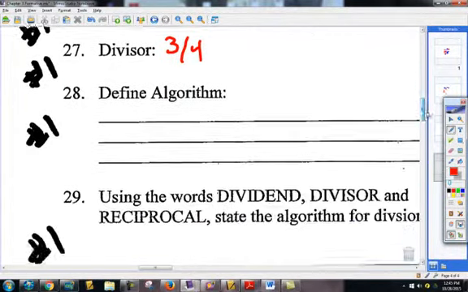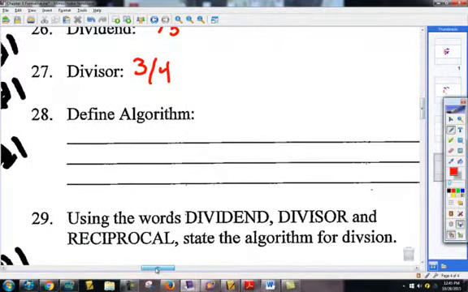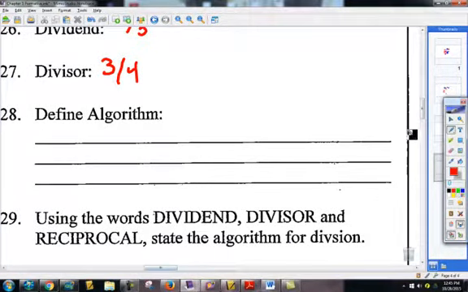Number 28. Now I know you guys are going to have 100 different questions if yours is right, but just listen closely. An algorithm. The answer I won't accept, guys, is division is just multiplication by the divisor's reciprocal. That is wrong. So if you had that, mark it wrong. The reason it's wrong is because I didn't ask you for the specific dividing fractions algorithm.